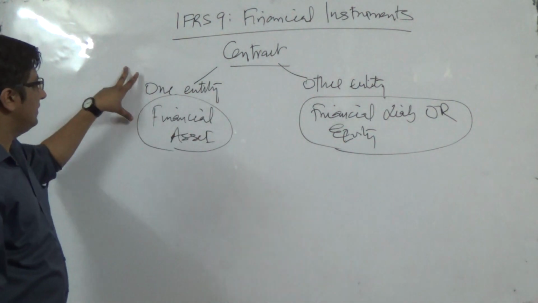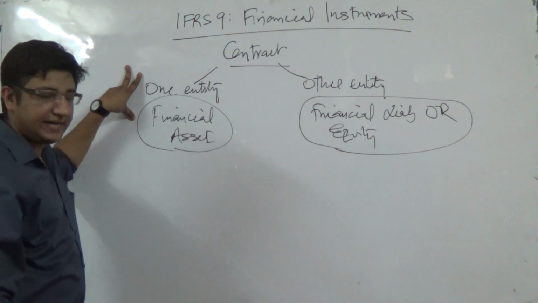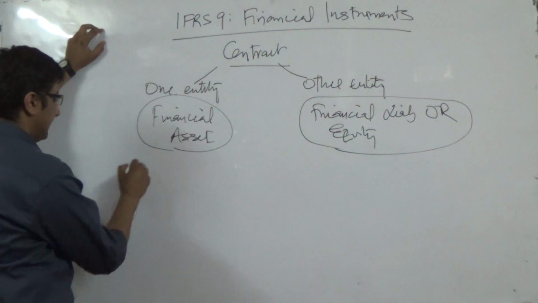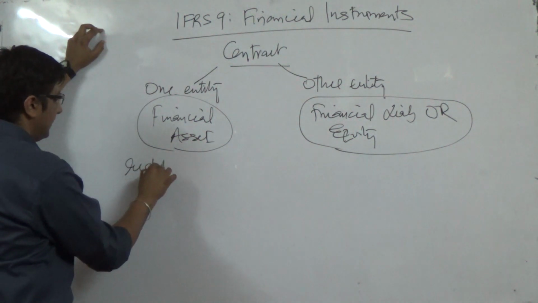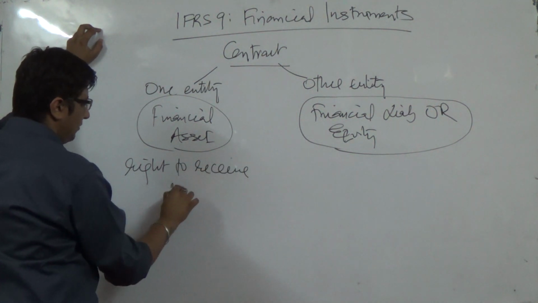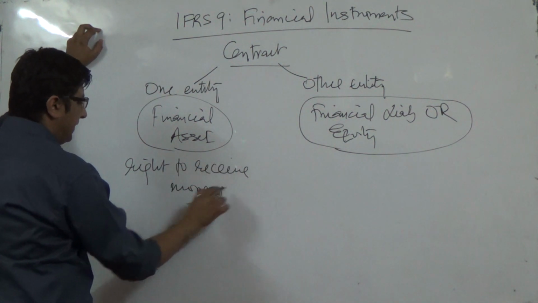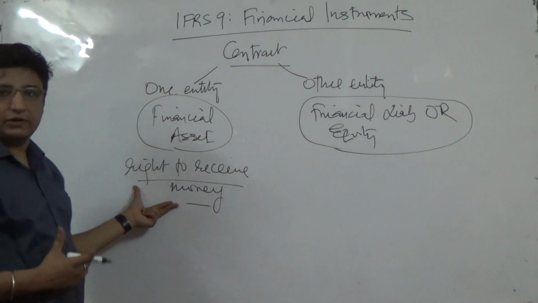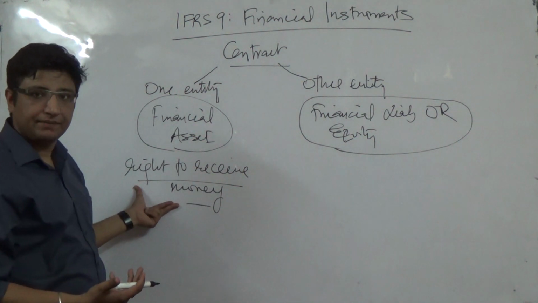But if I say I'm talking about a financial asset, I mean to put it like this: a right to receive money. In layman's terms, a right to receive money, right?